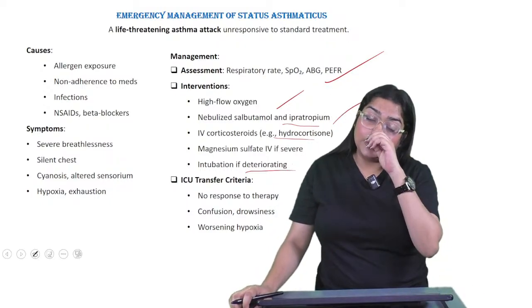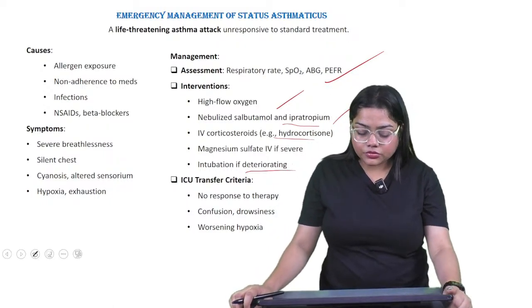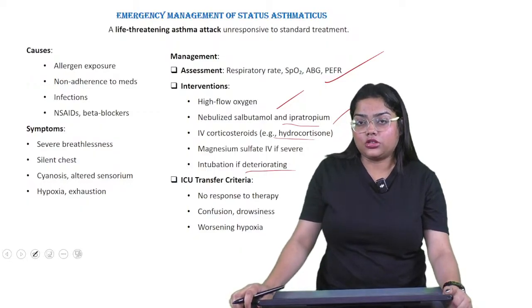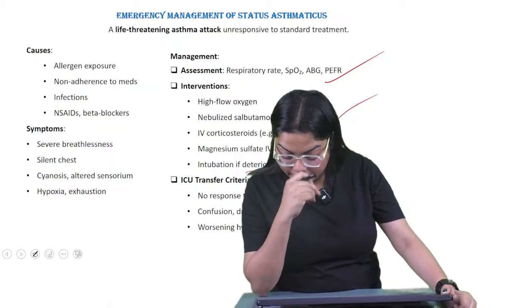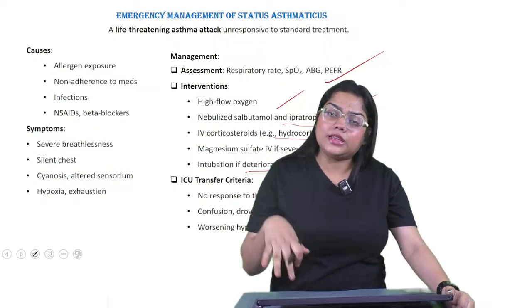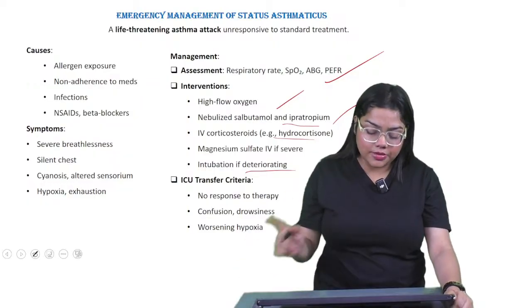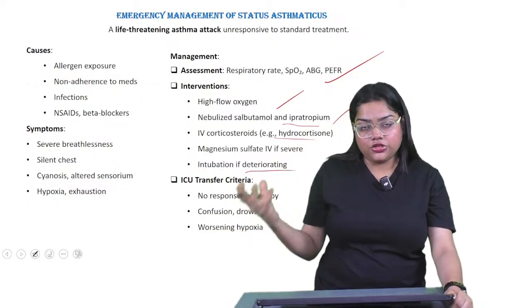These are the interventions we can do as a nurse. And if the situation is not suppressing, or the patient is suppressed but not stable, then we can move the patient to the ICU.